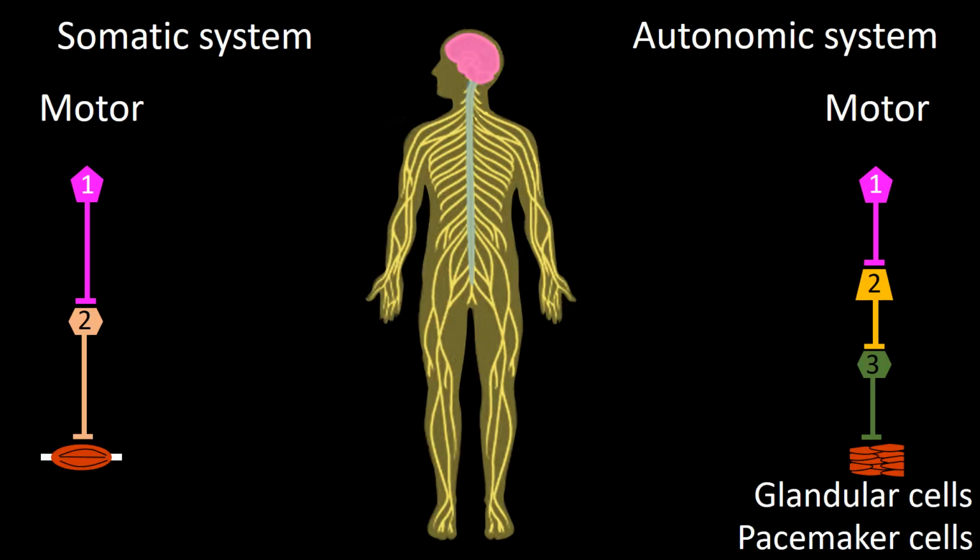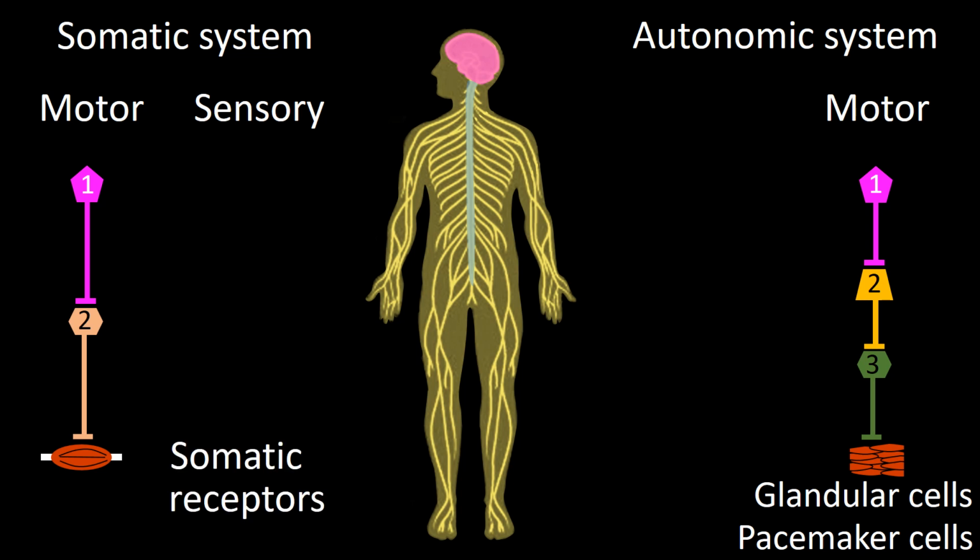Now I'd like to shift our attention back to the somatic system to address the sensory component, which we will restrict to include the structures conveying sensory information from the skin, muscles, and joints to the brain. Using this definition, the system starts with somatic receptors, which can be encapsulated, non-encapsulated, or free nerve endings.